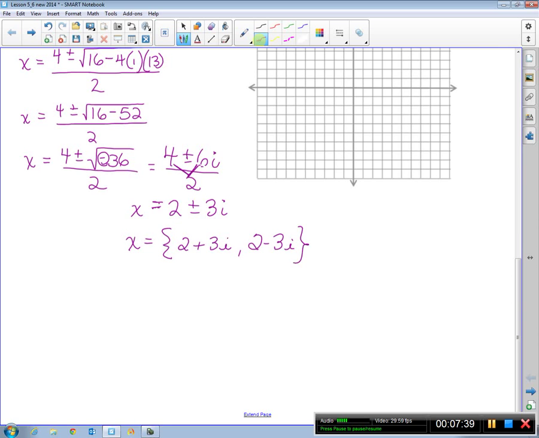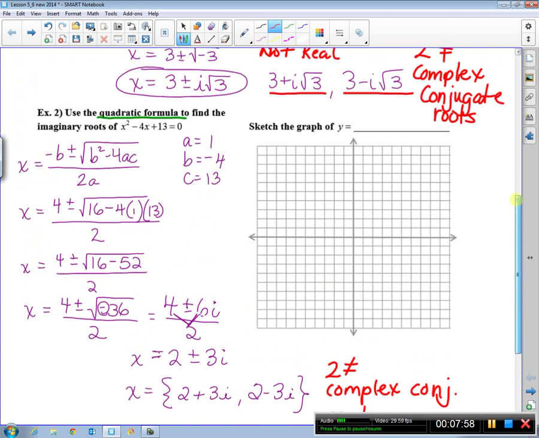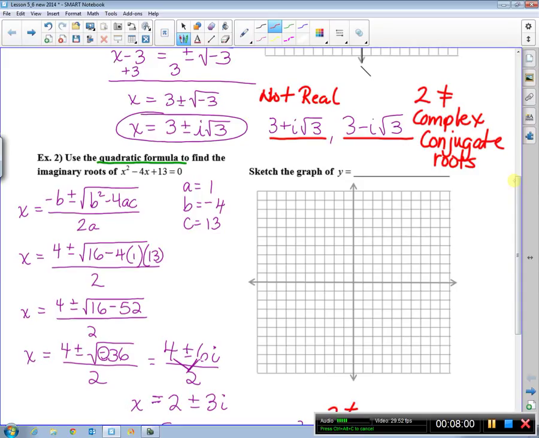They are imaginary. Two unequal complex conjugate roots. If you'd like, sketch a graph and you will see they are not going to intersect the x-axis. On the x-axis, we look for real roots to cross it, and our roots will not.